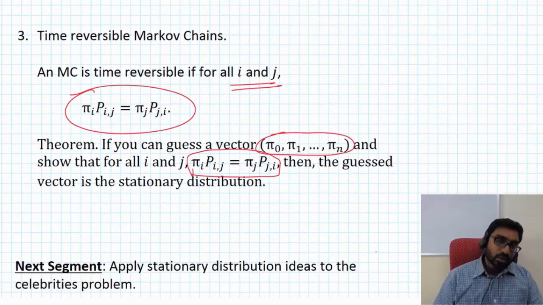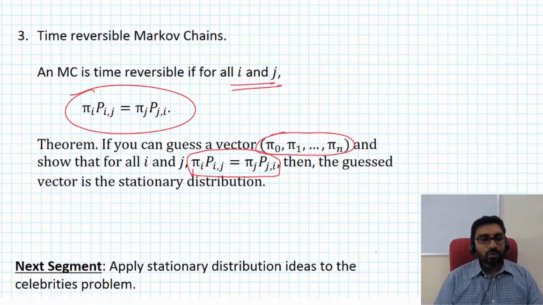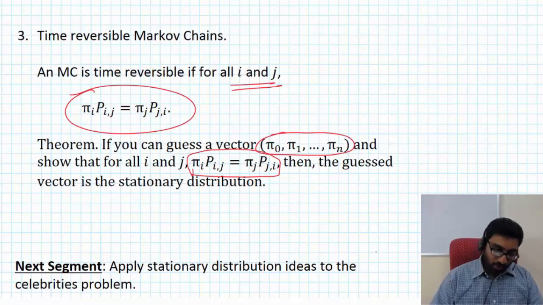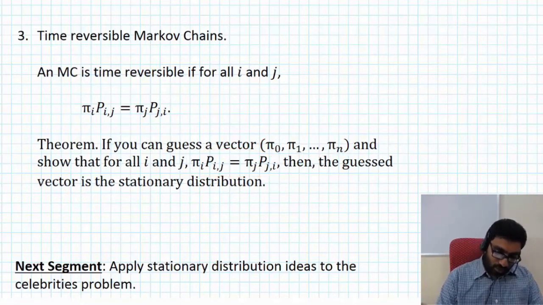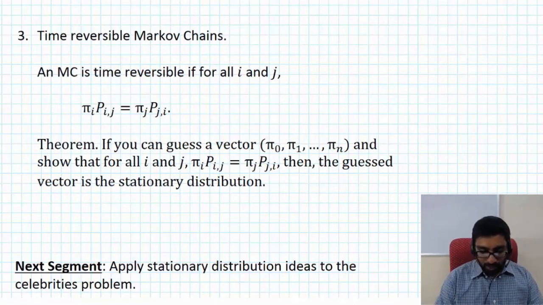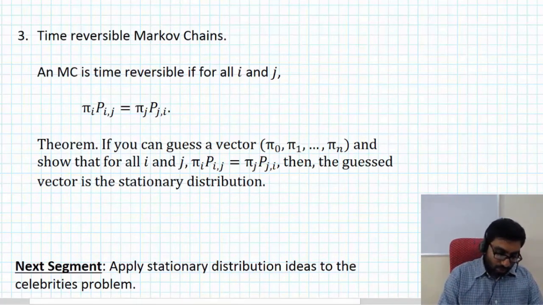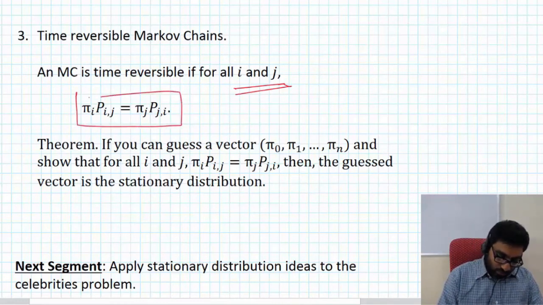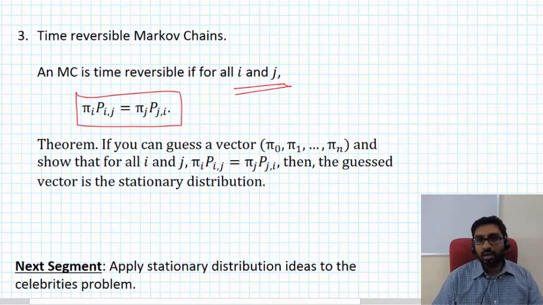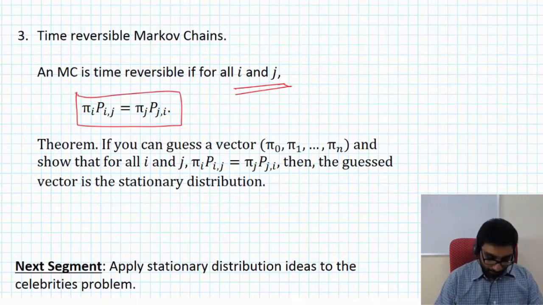The third technique to compute the stationary distribution applies only to time reversible Markov chains. A Markov chain is said to be time reversible if for every pair of states i and j, this equation holds: pi i times the probability of transitioning from i to j equals pi j times the probability of transitioning from j to i.